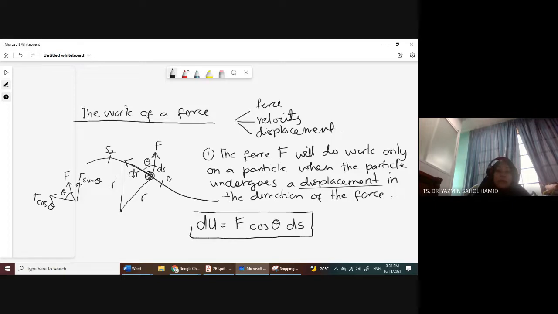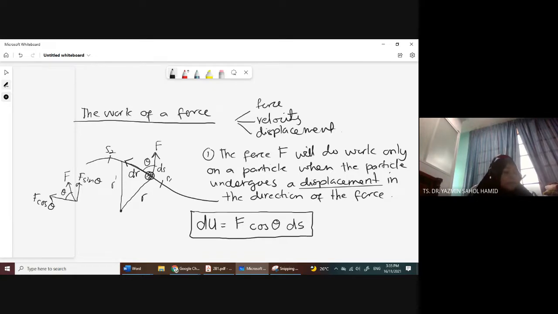The direction of the force must be in the same direction as the displacement. So when you get a question related to using the principle of work and energy, you need to draw the correct free body diagram. Once you have drawn it, you must make sure all the forces are resolved in the direction of the displacement. You only consider the force that is in the direction of the displacement. All right, good. So that is something important.